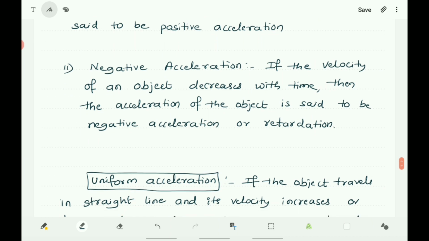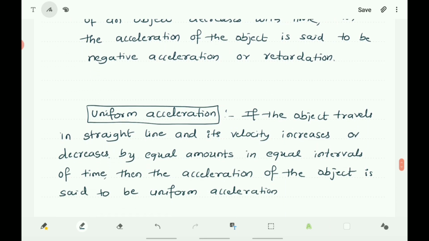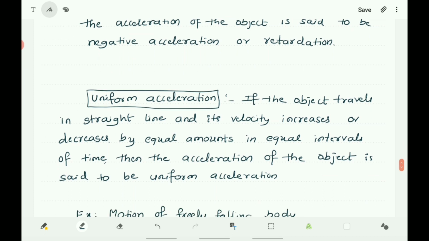If an object travels in a straight line and its velocity increases or decreases by equal amounts in equal intervals of time, then the acceleration of the object is said to be uniform acceleration.